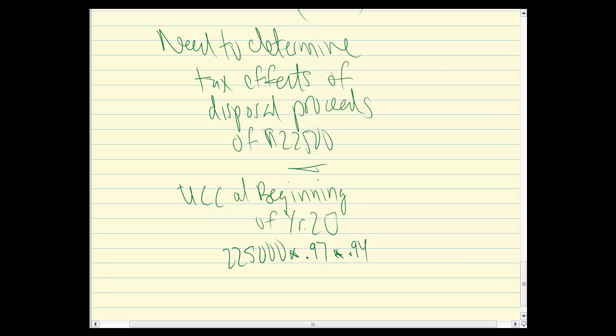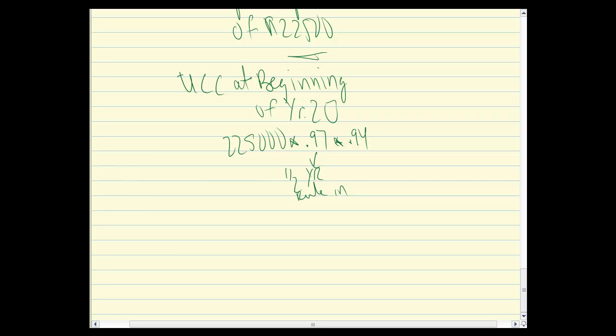So 1 minus 0.06. This is the half year rule in the year of addition. This is 1 minus the CCA rate.